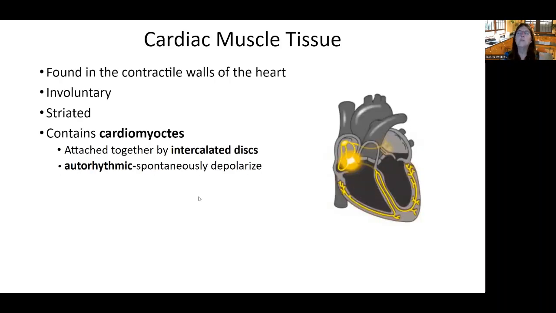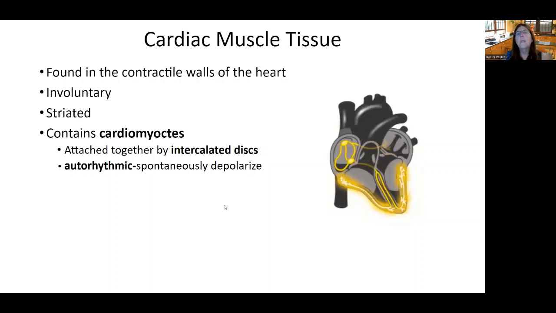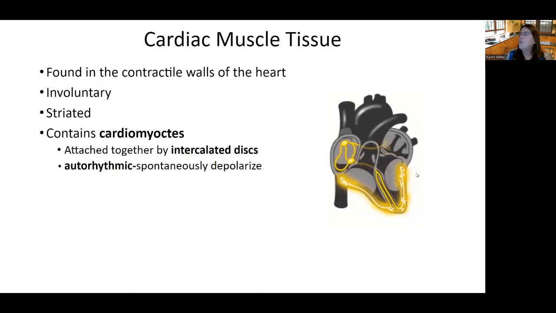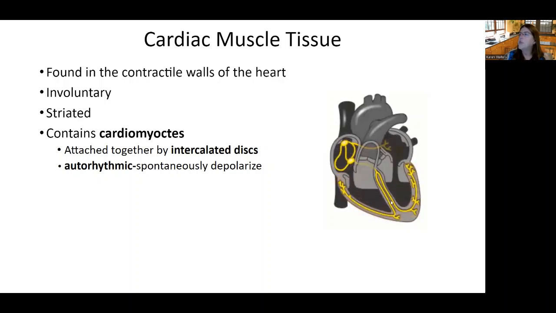Cardiac muscle is really interesting because it's electrical. It's involuntary, but it's striated, and it has specialized cells we call cardiomyocytes, and they are attached to one another so that you have an electrical signal that starts up here at the top of the right atria and travels down throughout the heart to cause contraction.